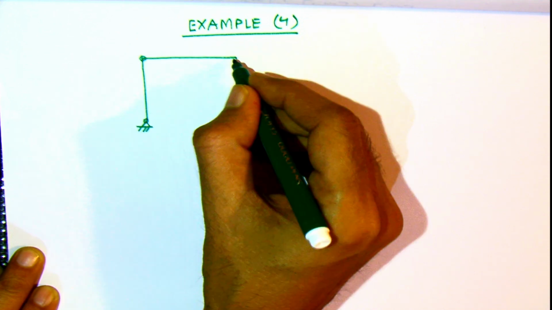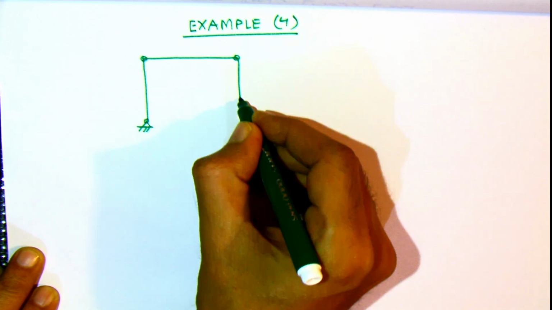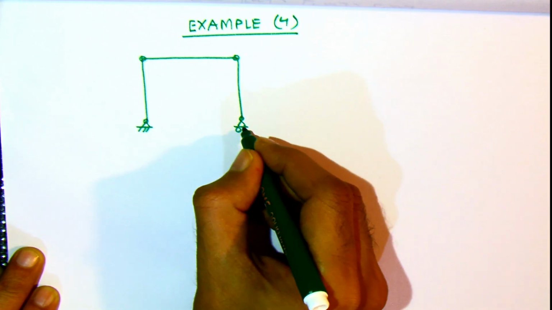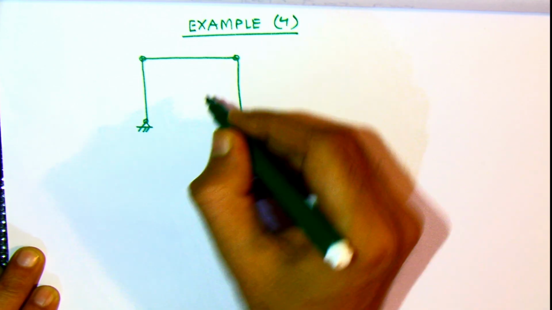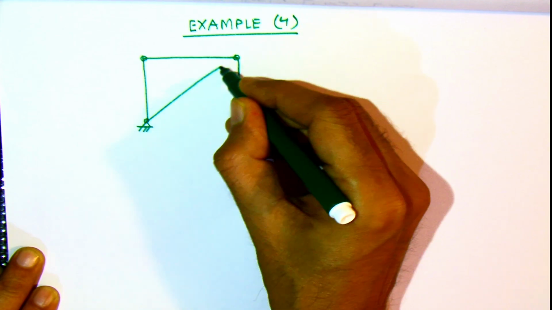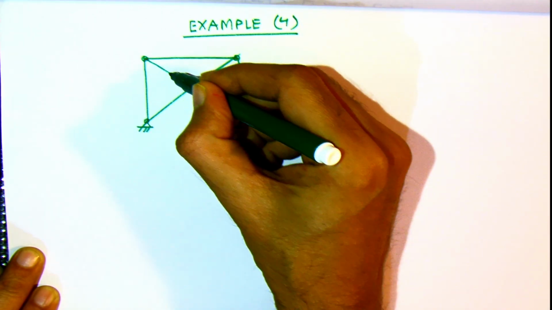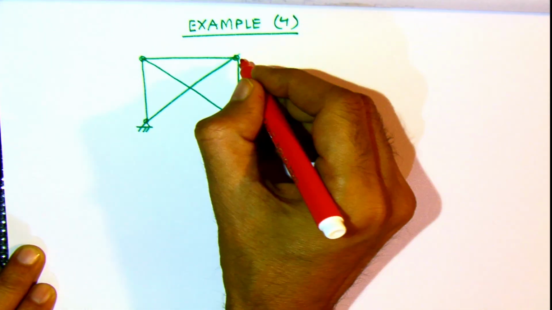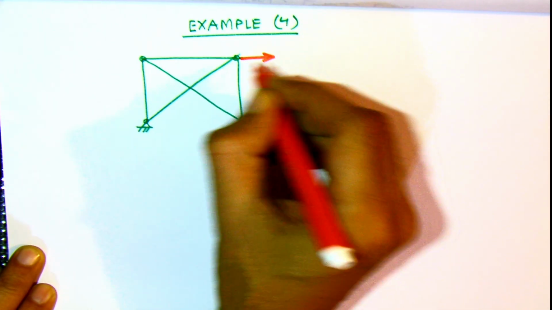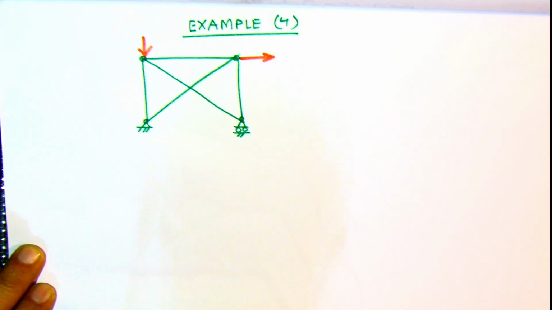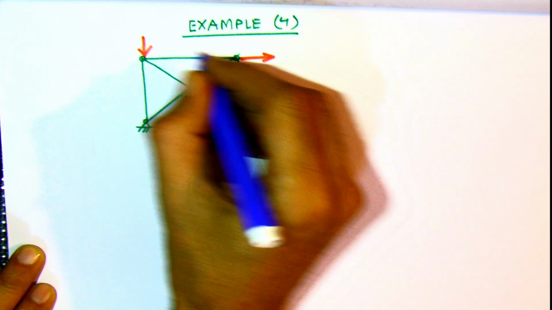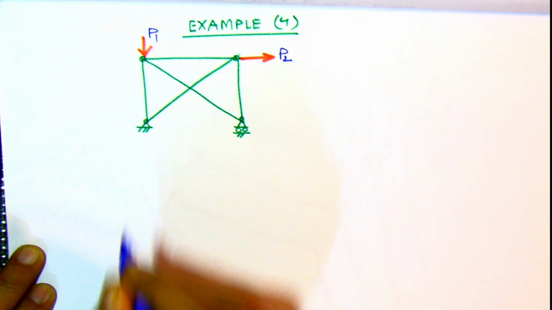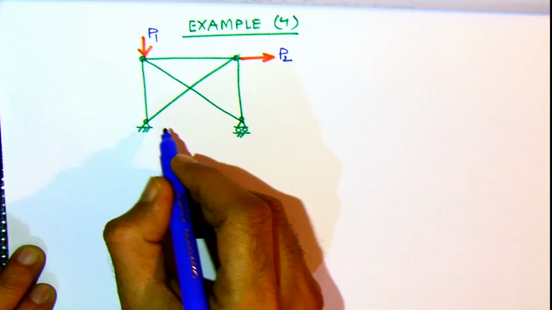We begin with the truss we have already solved before, but we convert it into an indeterminate truss by adding an additional member. The truss is acted on by the same loads P1 and P2, and we are adding one bottom chord member.